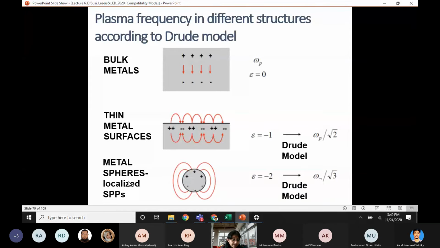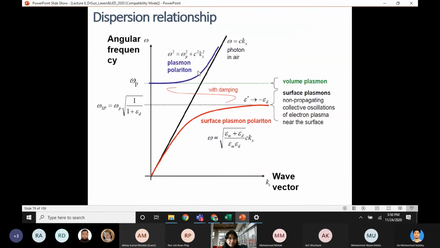And if you're using nanoparticles, the dielectric constant becomes -2, and using the Drude model approximation, the oscillation frequency reduces even further, becoming omega p over the square root of 3. So this occurs in thin surfaces. In bulk, you cannot see this plasmonic effect occurring.